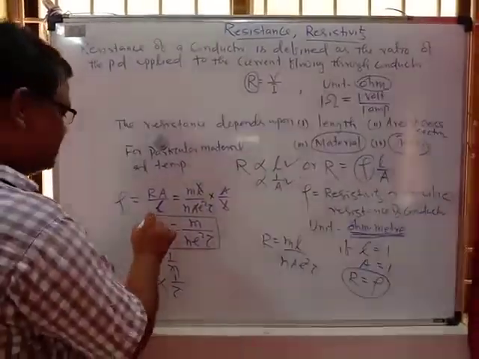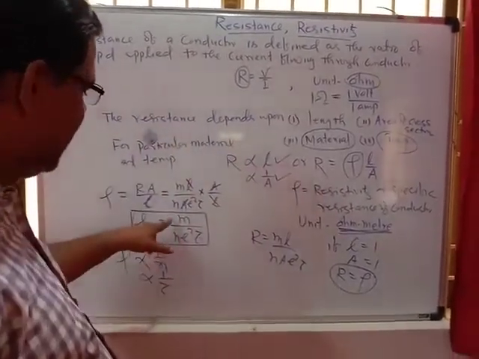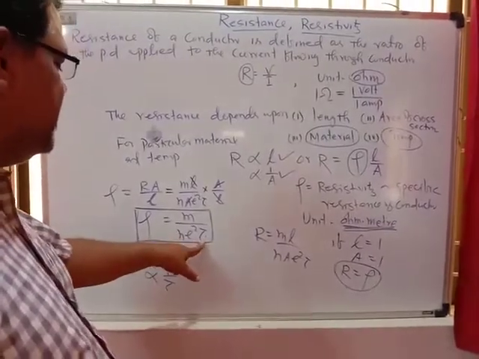So the expression of the resistivity in terms of the relaxation time is rho equals m upon n e square into relaxation time.